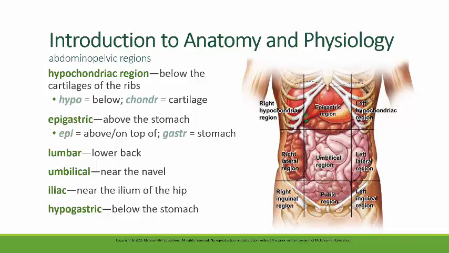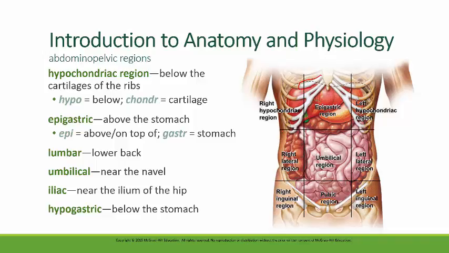So the hypochondriac region. Now, I say hypochondriac, and probably most of you are going to think of somebody who thinks they're sick all the time. That is not the literal translation of hypochondriac. Hypo means below, chondra is a root that relates to cartilage. This is the area of the abdominopelvic cavity that is below the cartilages of the ribs.